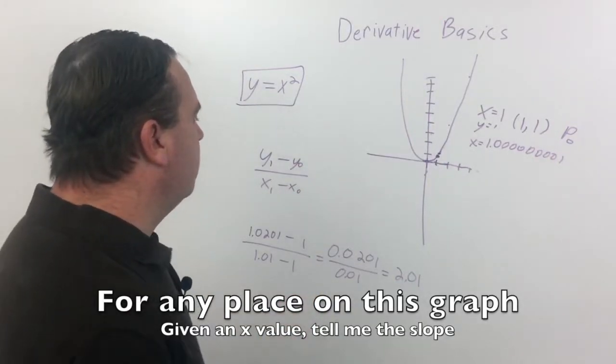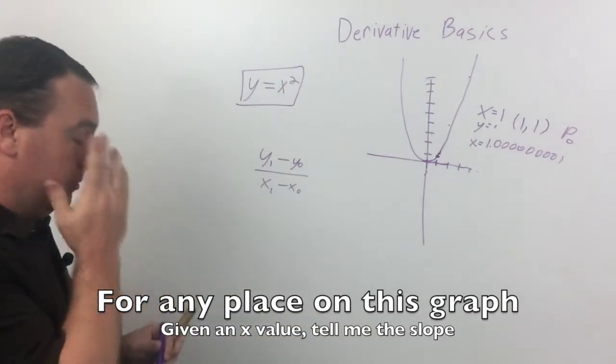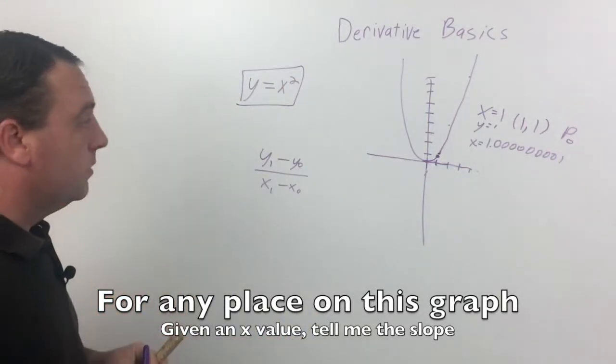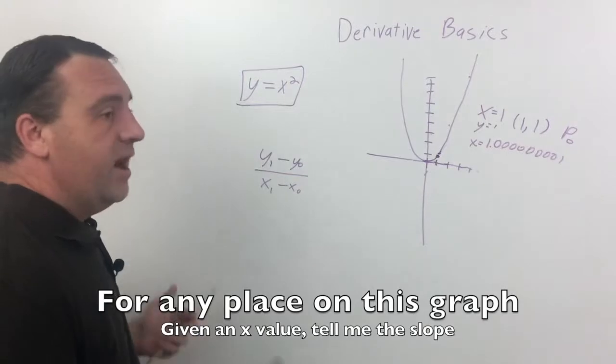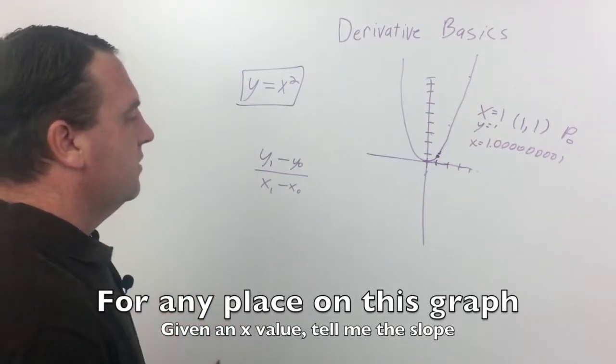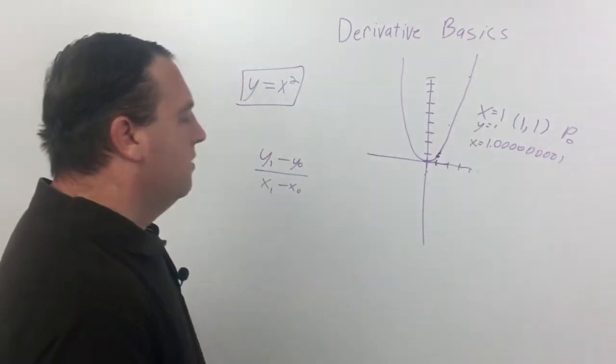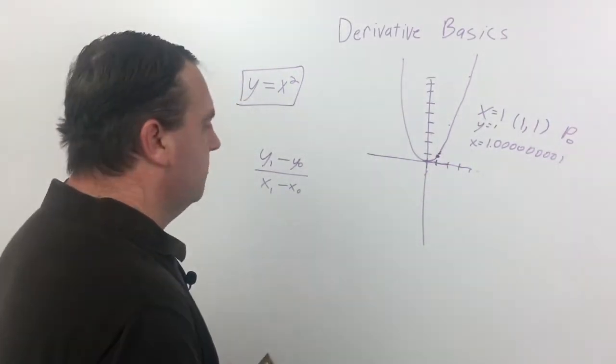Okay, so what would we do for that? The way to think about that is we want a formula that's entirely in terms of x that will give us the slope of two points that are close to each other.